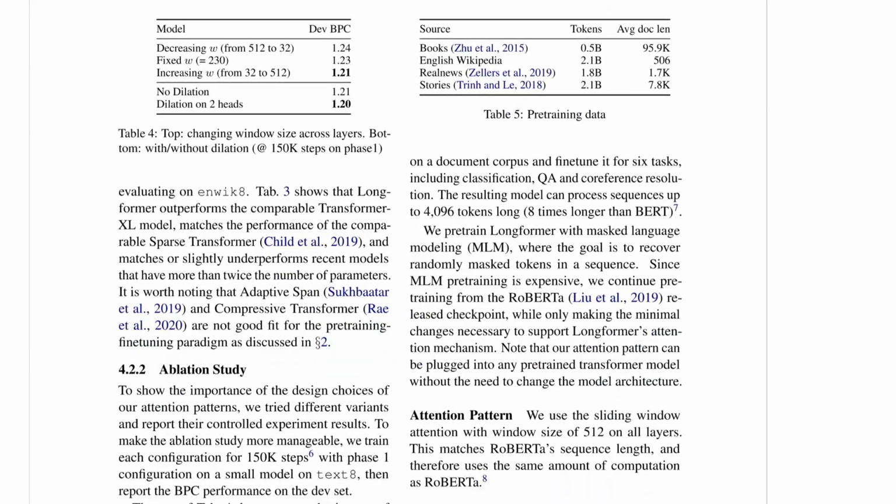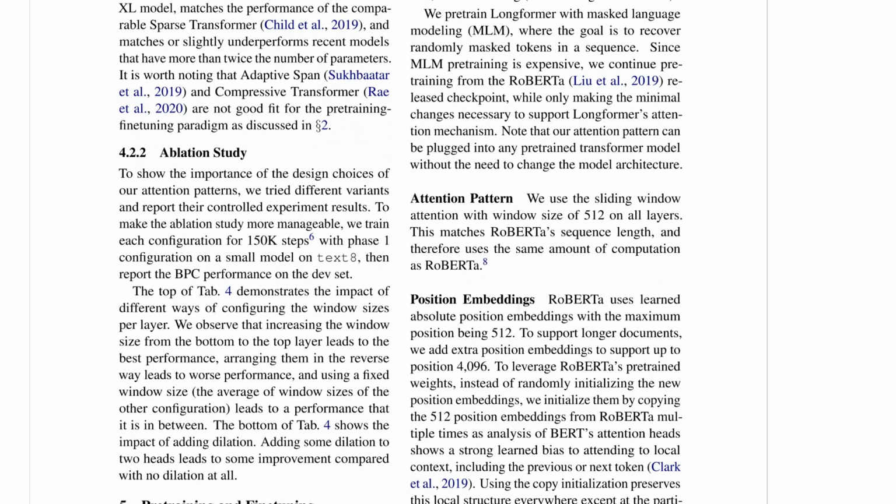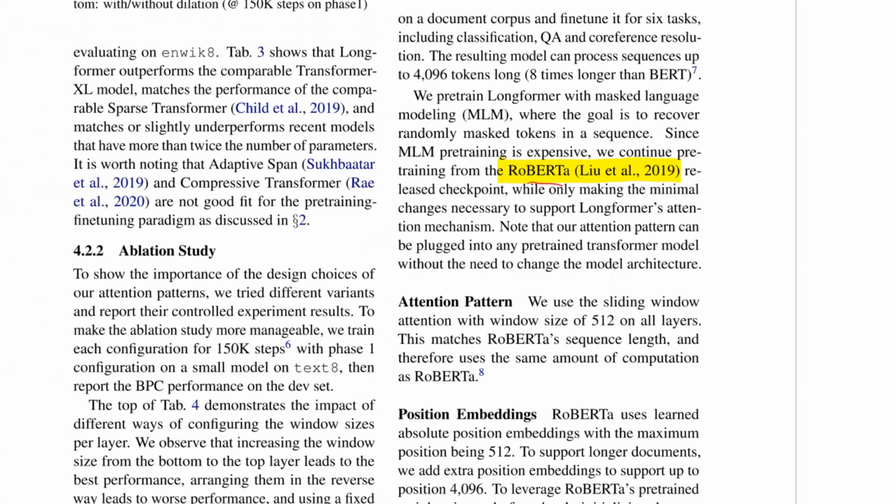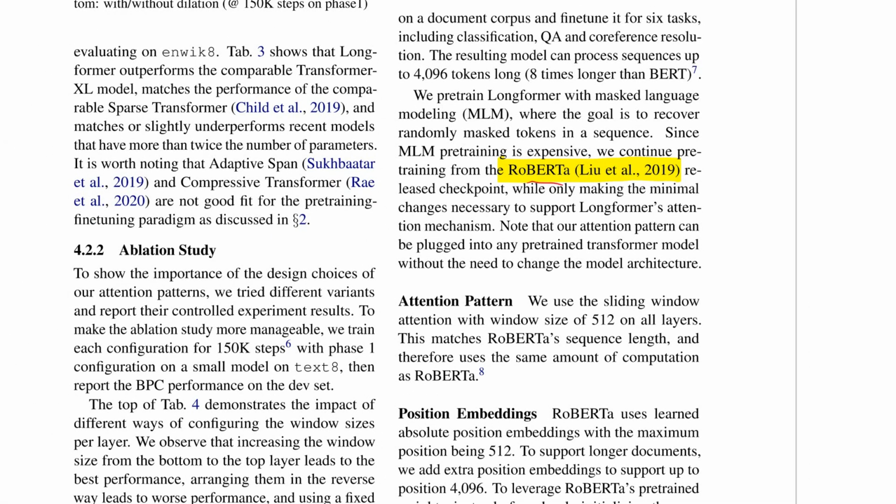This RoBERTa model right here is a variant of BERT, right? You can see the name in here. That's their baseline, and they start from these checkpoints as far as I understand, and they copy over the position embeddings and so on, and therefore they only need to train not very much past the RoBERTa.